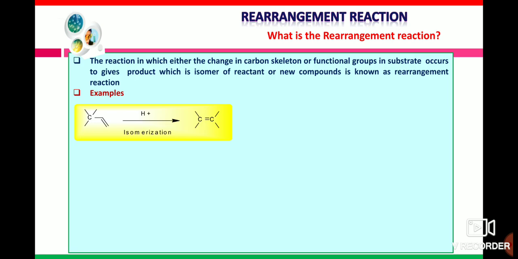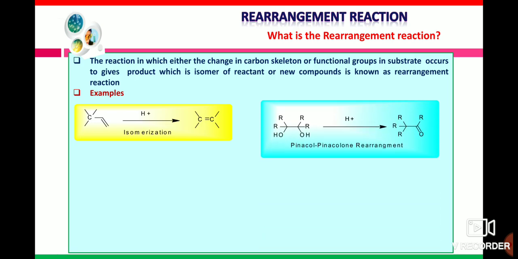Most of the rearrangement reactions are intramolecular rearrangement reactions, and they involve 1-2 shifts. The atom migrates from one atom to an adjacent atom. These 1-2 shifts are generally involved in intramolecular rearrangement reactions.